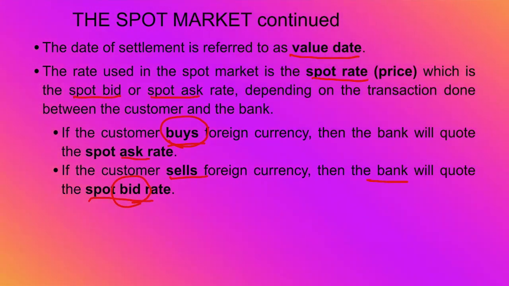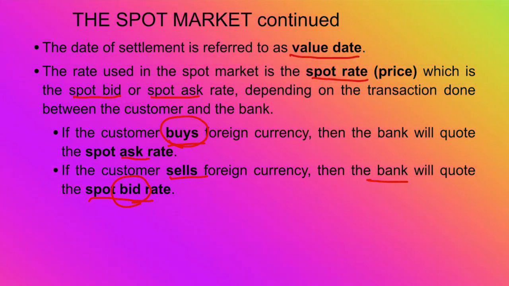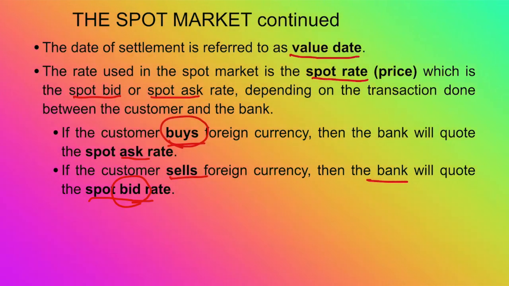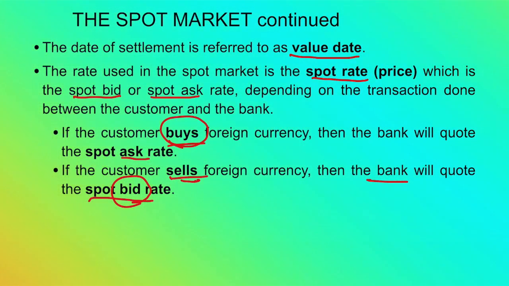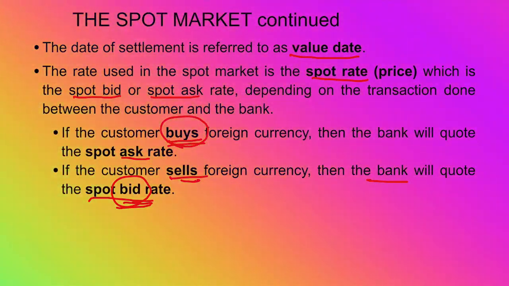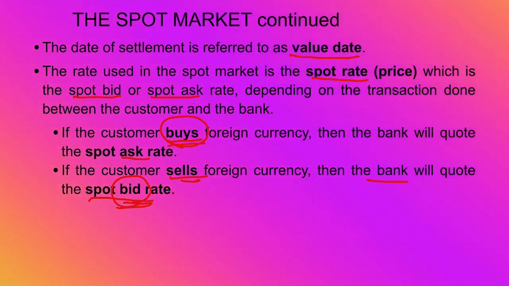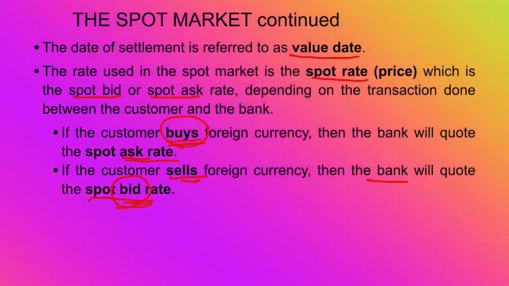The bank will buy the foreign currency from the customer, that's why it will use the bid rate. And if the customer buys foreign currency, meaning the bank will sell the foreign currency, the bank will quote the spot ask rate.